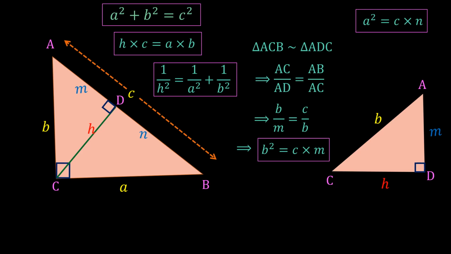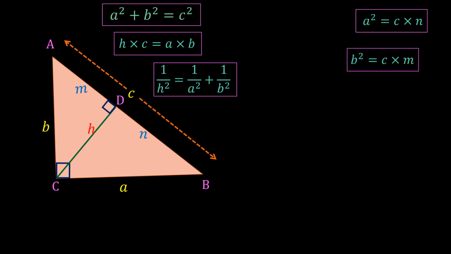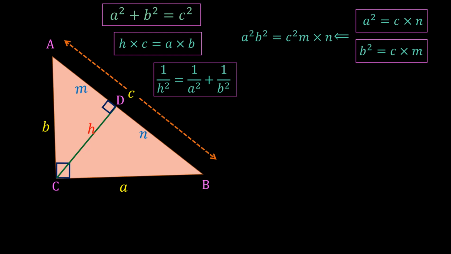So there is one more equality we have to prove here, that is H square is equal to M into N. Now from the equations on the right side we can write A square into B square equal to C into N into C into M, that is C square into M into N. And from this equation we can write H square into C square is equal to C square M into N, because from the second equation on the left side we can write A square into B square equal to H square into C square.